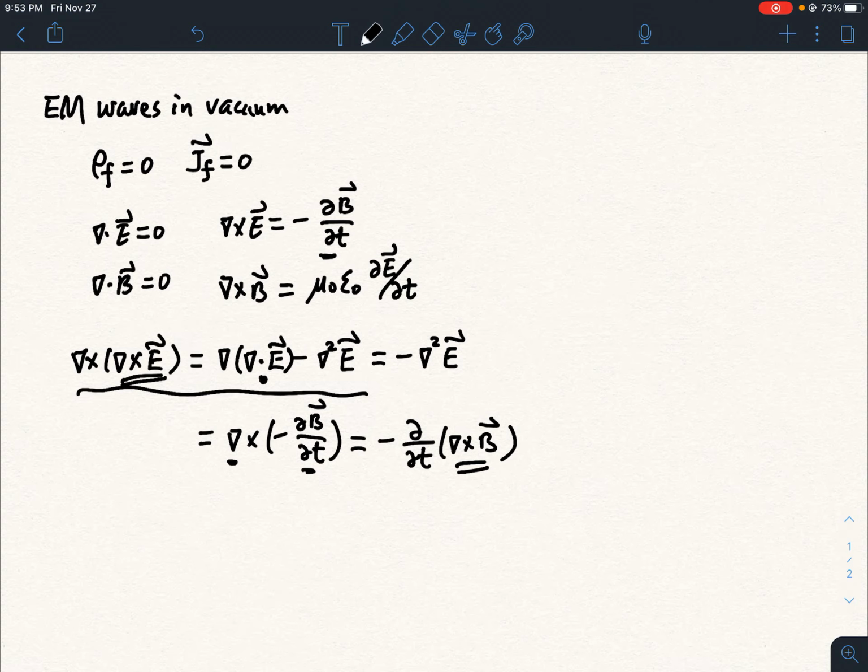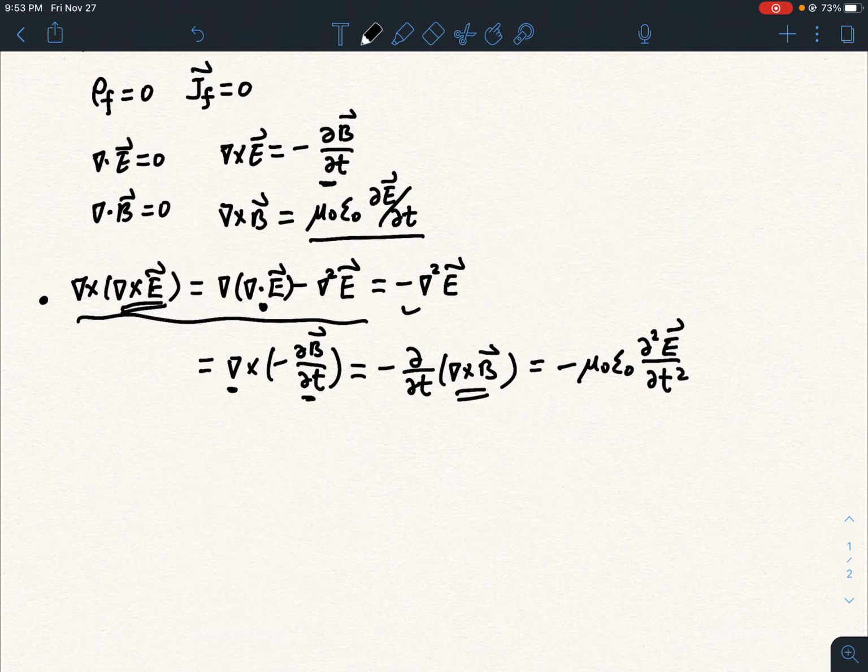Now we have del cross B, which we get from this equation, so what we have is minus mu 0 epsilon 0 partial square of E over partial t square. So this is what we have for the electric field, and this side really equals this.